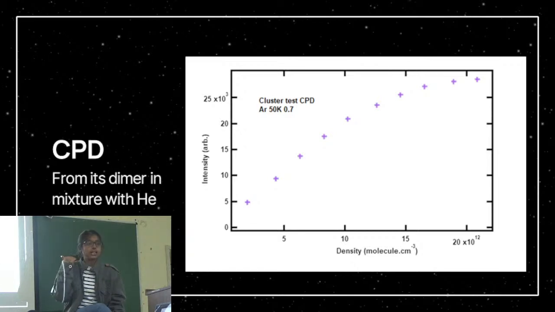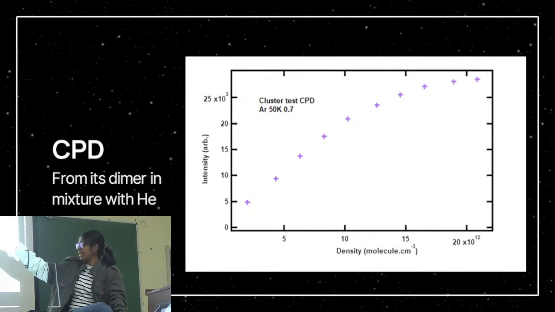Now we come to the answer of what to do about clustering. You might say we put it in the reservoir for long, right? It can cluster at any point. It anyway has the tendency to form a dimer. So what you do is perform a clustering test. On the x-axis is density, and on the y-axis is the molecular spectrum intensity, the line intensity of that molecule.